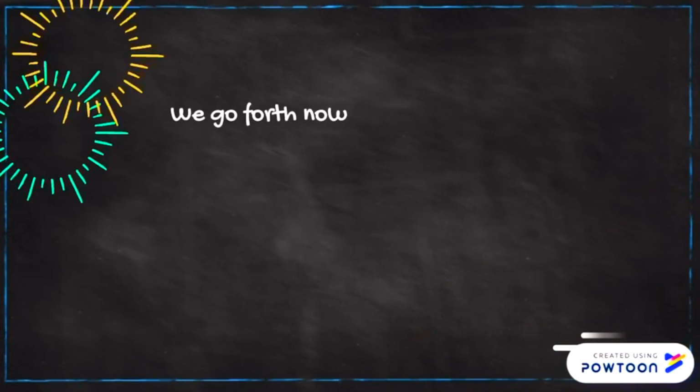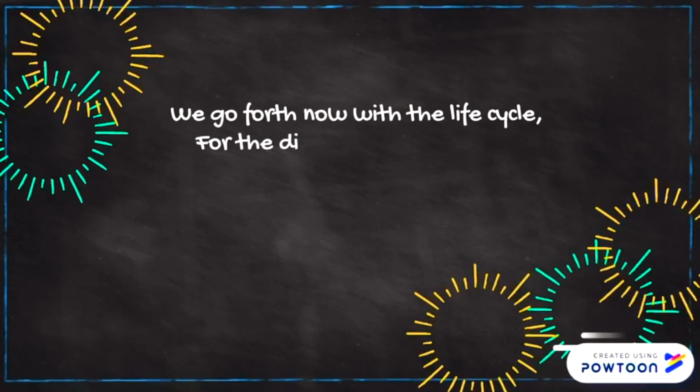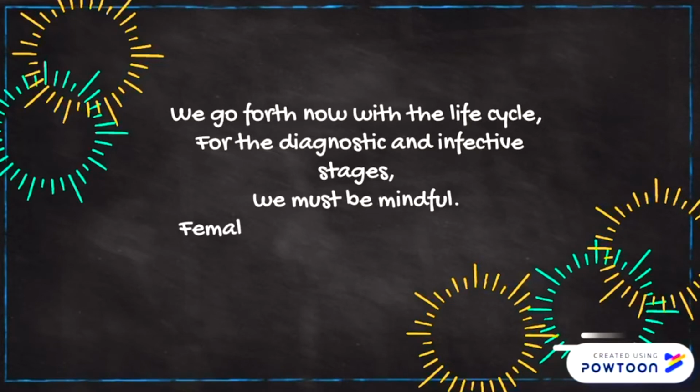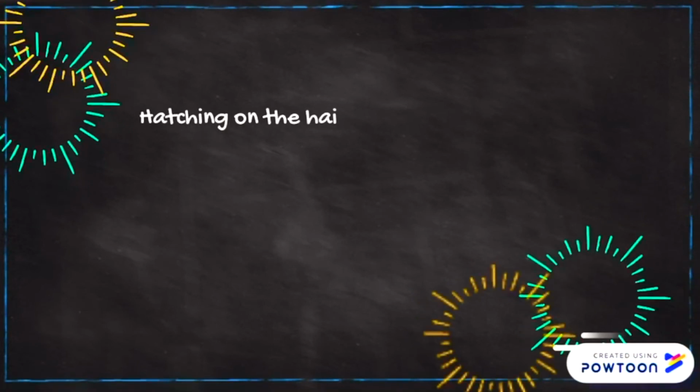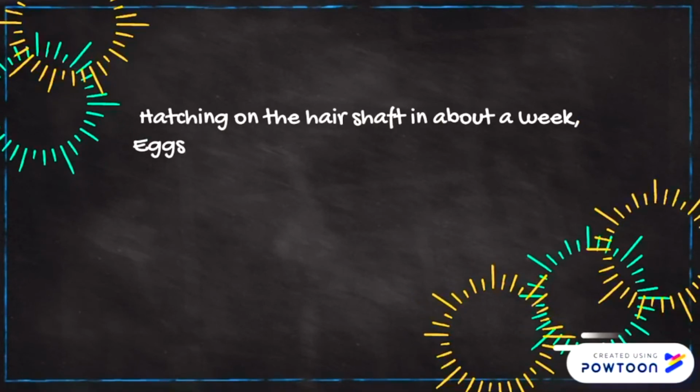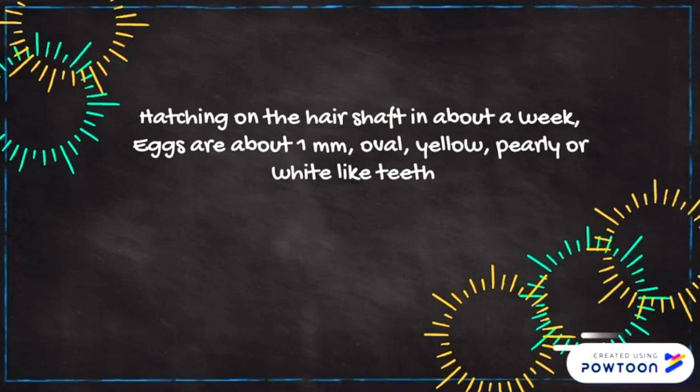We go forth now with the life cycle. For the diagnostic and infective stages, we must be mindful. Females have a 3 to 4 week lifespan, about 30 eggs laid she can. Hatching on a hair shaft in about a week, eggs are about 1 millimeter, oval, yellow, pearly, or white like teeth.